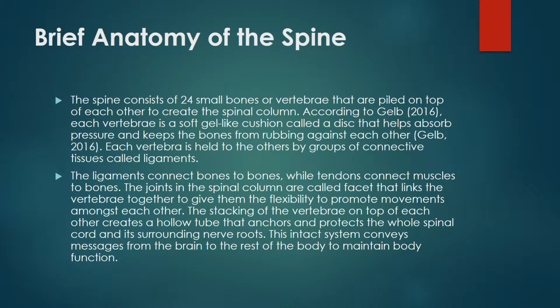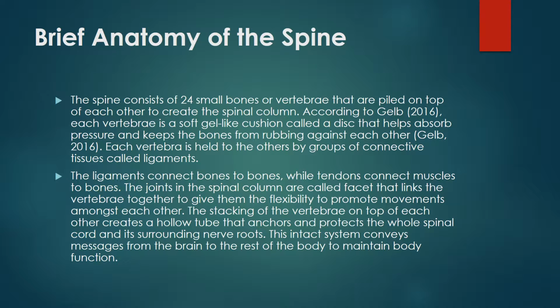Each vertebra is held to the others by groups of connective tissues called ligaments. The ligaments connect bones to bones, while tendons connect muscles to bones. The joints in the spinal column are called facets, which link the vertebrae together to give them the flexibility to promote movement amongst each other.